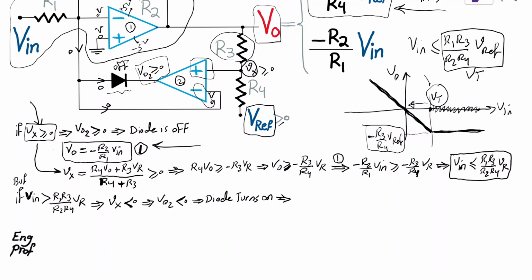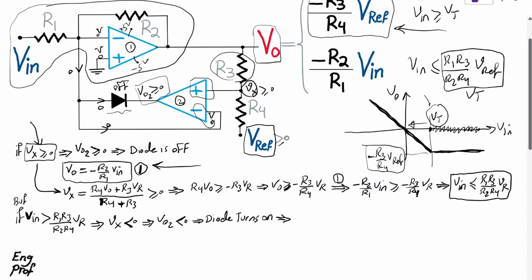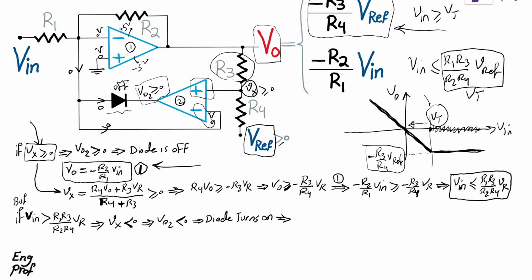As a result, the circuit is no longer just a simple inverting amplifier. There is a feedback loop active in this circuit now, via op-amp number 2 and the diode. So what happens afterward? Assuming the op-amp is ideal and the diode is ideal, the circuit looks something like this.